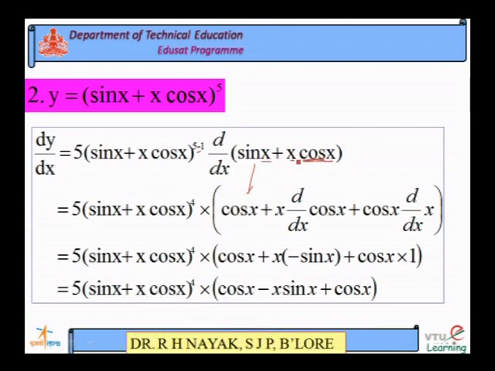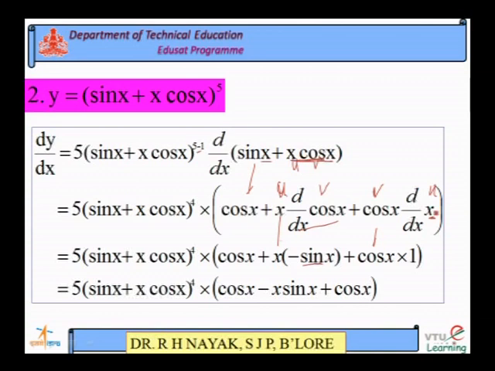How to differentiate x into cos x? It is of the u into v method, the product rule. First function u into differentiation of v plus v into differentiation of u. u is x, into differentiation of cos x, plus cos x into differentiation of x. x is taken as it is, differentiation of cos x is minus sin x, plus keep cos x as it is, differentiation of x is 1.